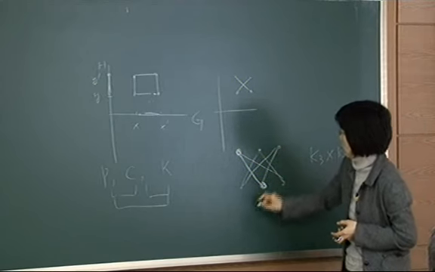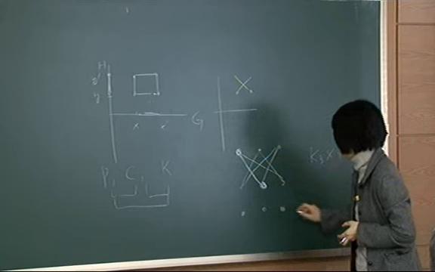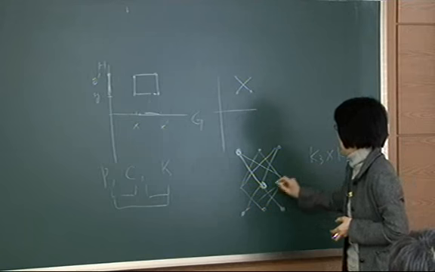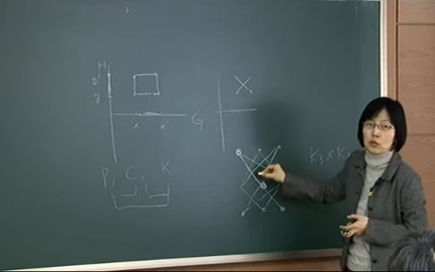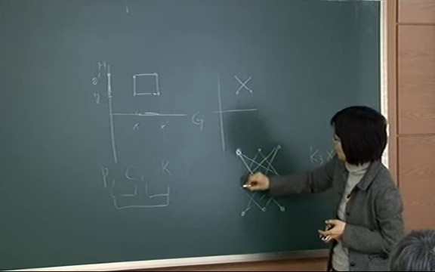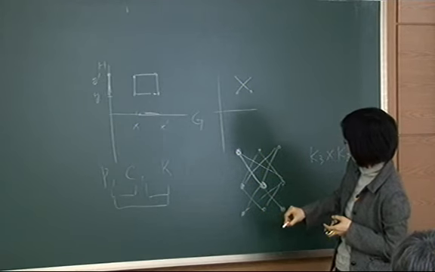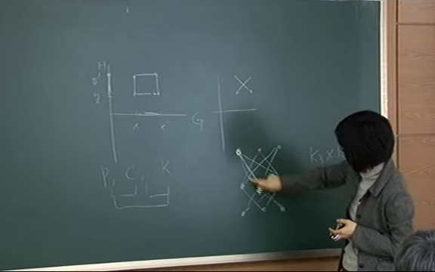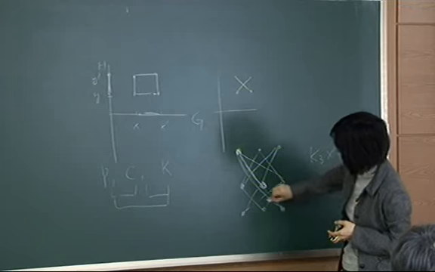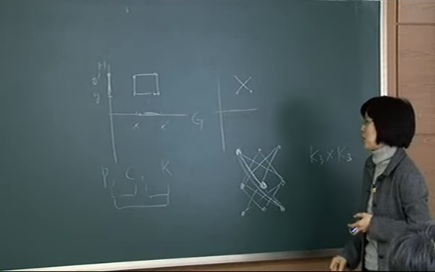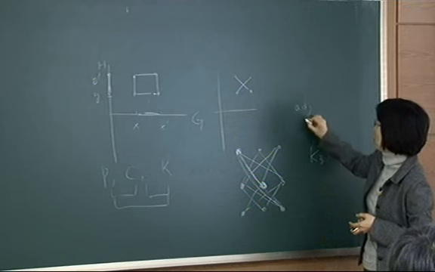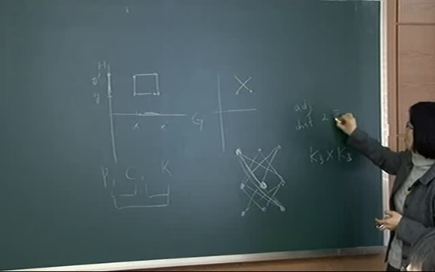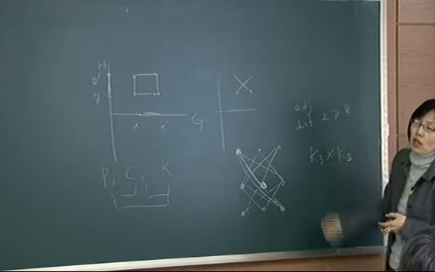Otherwise, okay, sorry, let's have K3 times K3. Otherwise, they are of distance 2. So all the vertices are either adjacent or of distance 2. So their labels should differ by at least k.